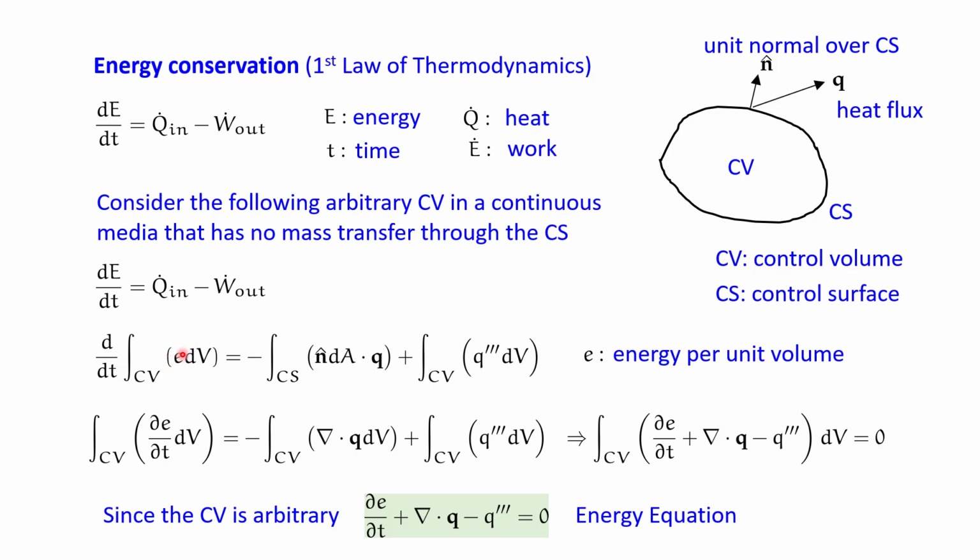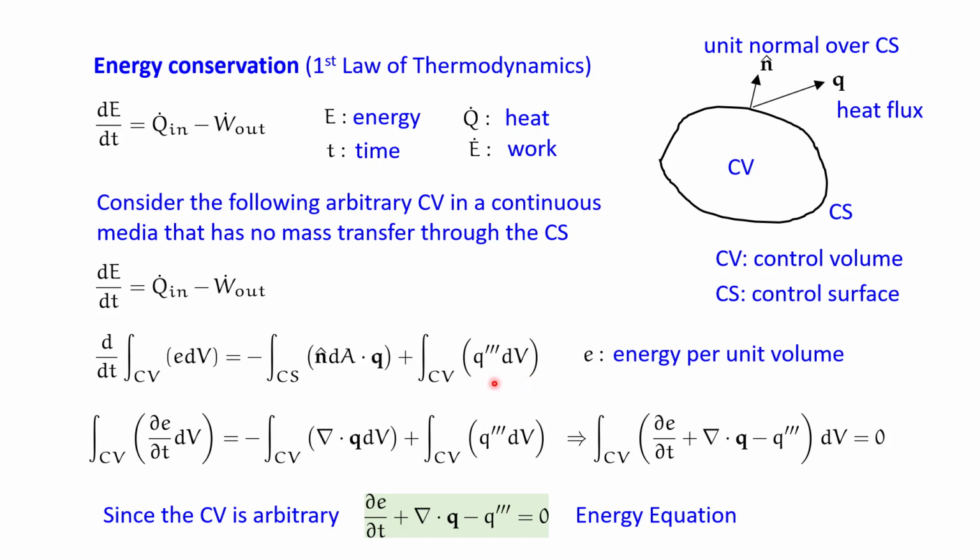It is integrated over the entire volume, which gives us the capital E. The heat coming through the control surface is given by the integral of n dA dot q over the entire control surface. We don't know much about the work, so we simply write it as Q triple prime dV.